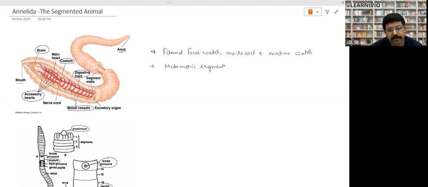I have told you what metameric segmentation is. Metameric segmentation means the body is externally divided into groups. These groups are known as annuli.